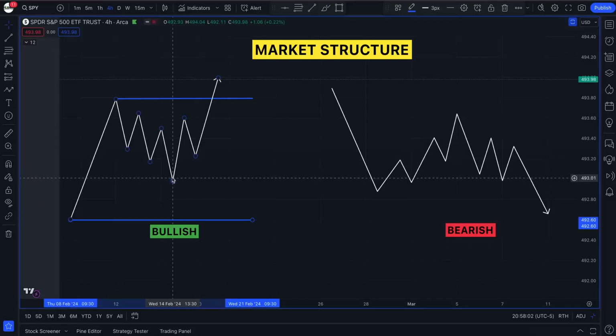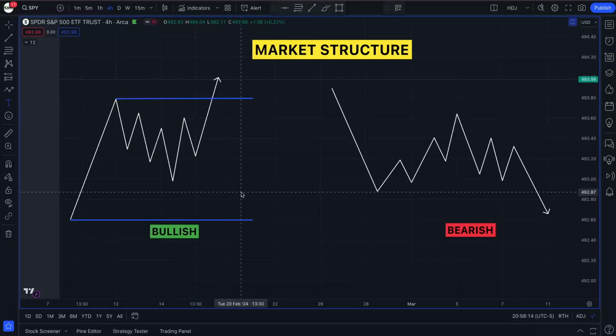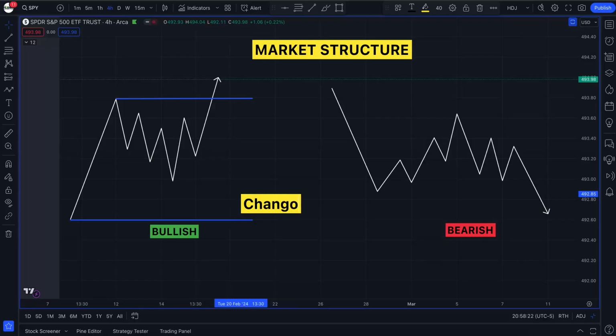Price went back up and it made a higher high. Okay, so we have a higher high, and when this happens, this is called a change of character. Let's type that here. Change of character.